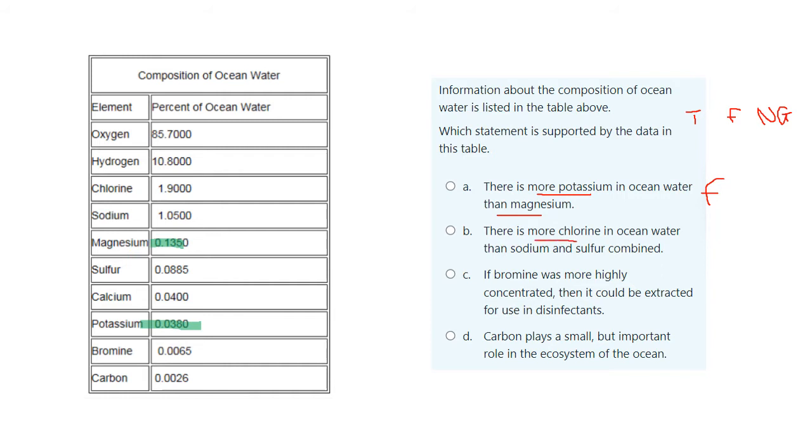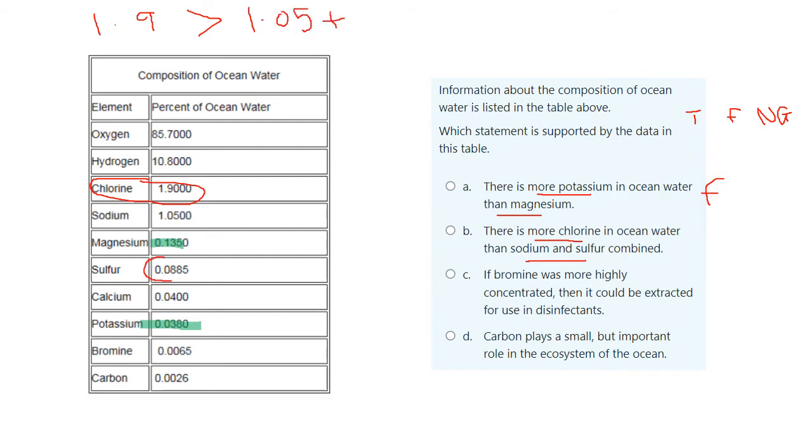B, there is more chlorine in the ocean than sodium and sulfur combined. Chlorine is 1.9. And this has to be more than sodium, which is 1.05, and sulfur combined.